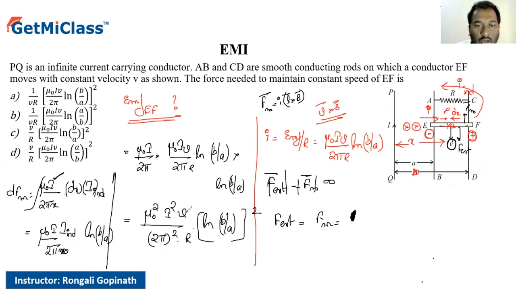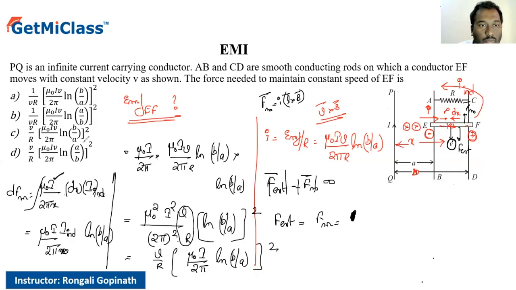So here V by R is the one which doesn't have a square, so it can be brought out of integration. So it is V by R into mu naught I by 2 pi into ln of B by A whole square. Mu naught I by 2 pi, which can also be written as, I think option A seems to be the right option when looking at this, where this V is also sent into the square. Answer is option A.